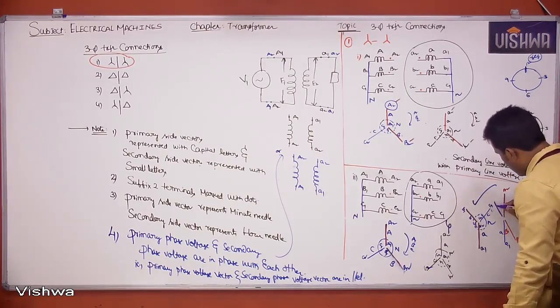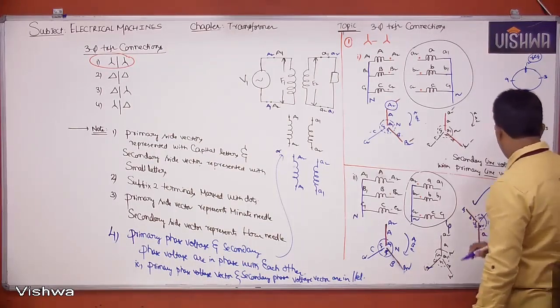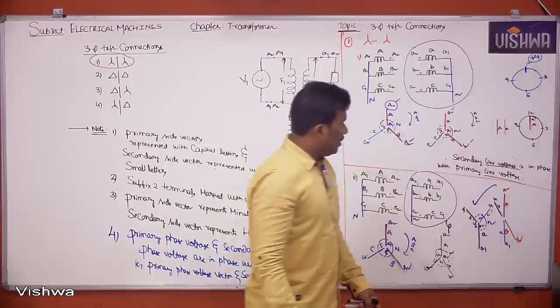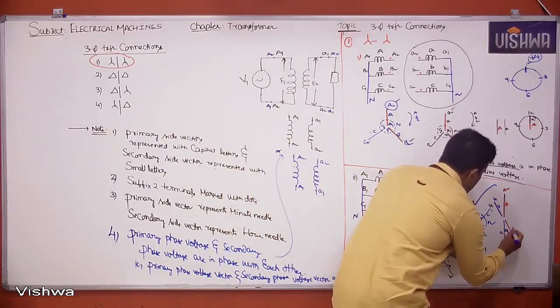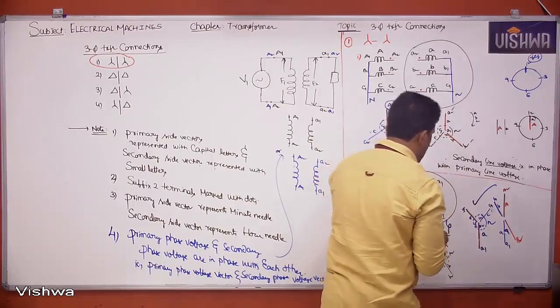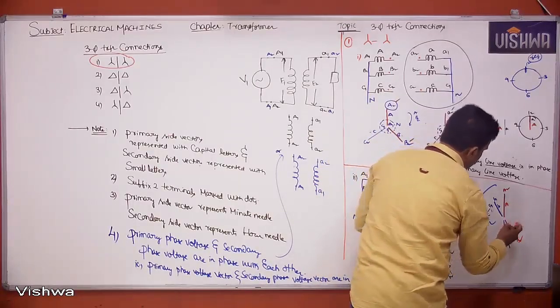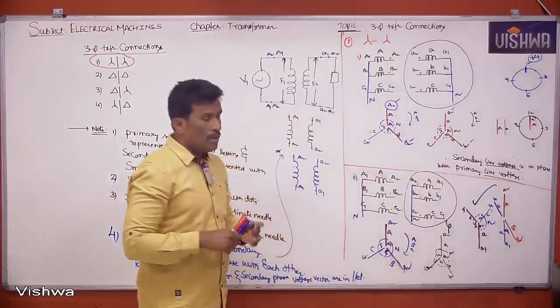This is what B1 and B. It is actually small a, capital A, small a. And here it is a capital B. It is small b.